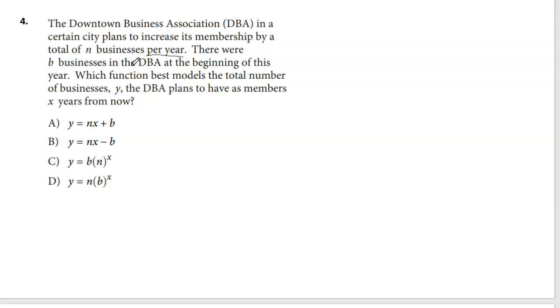There were B businesses in the DBA at the beginning of this year, so it started with B, and then it increased every year at the rate of N. And then we want to find the value of Y in X years.